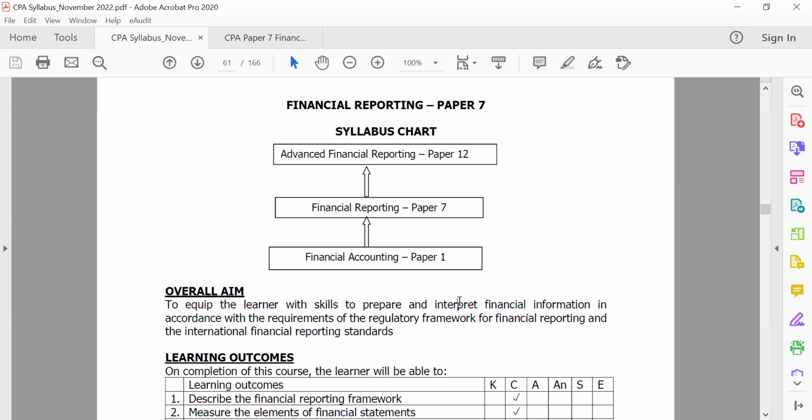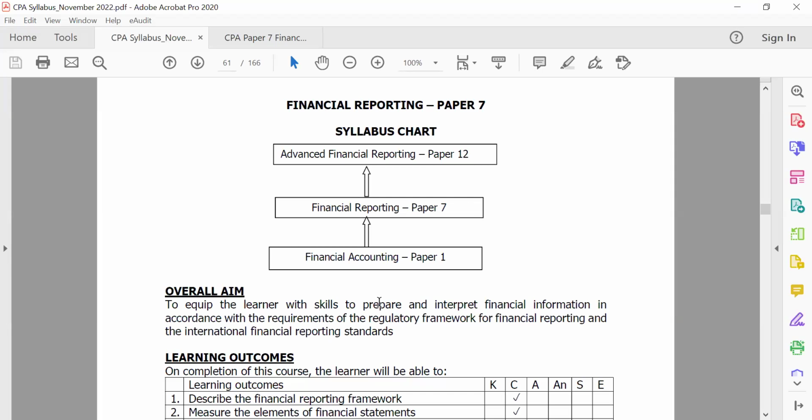But as we proceed with financial reporting, we'll get to understand that, for example, inventory is not just an element of financial statements or an element that we record in the statement of financial position, but inventory has a standard that governs it, which is IAS 2. So we'll be able to understand what IAS 2 tells us about how to present inventory, how do we measure inventory, what disclosure requirements are required when it comes to inventory.